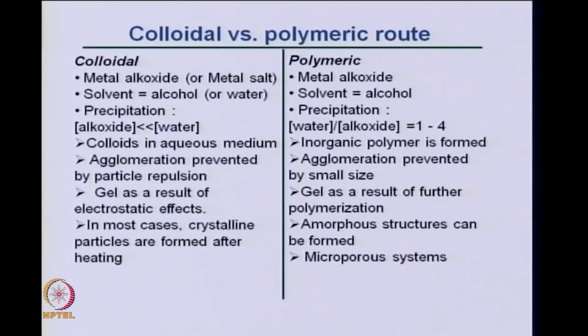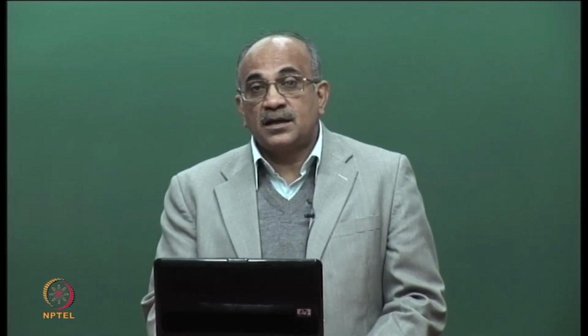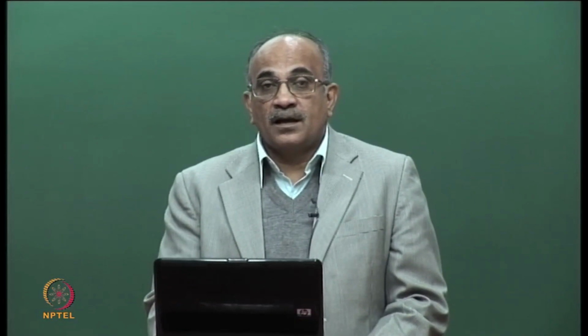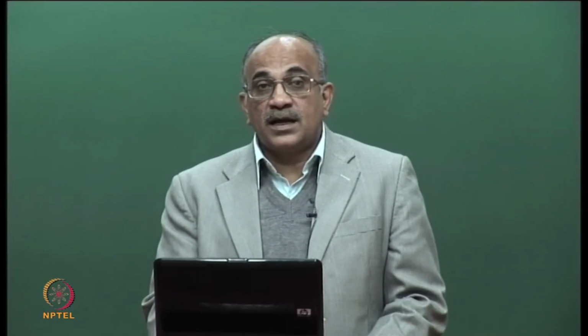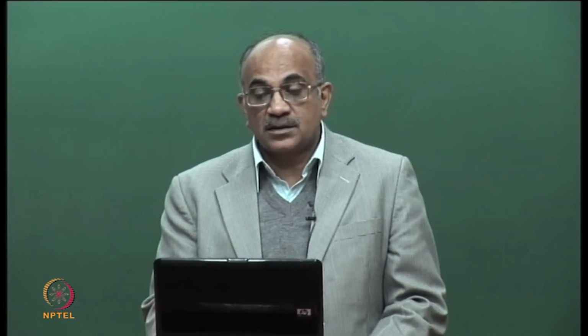Now, as you see, you can get these kinds of microporous and mesoporous systems using sol gel chemistry, but you can do that using colloidal routes or the polymeric precursor route.